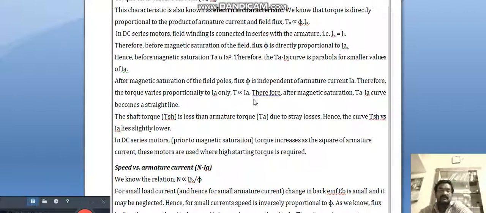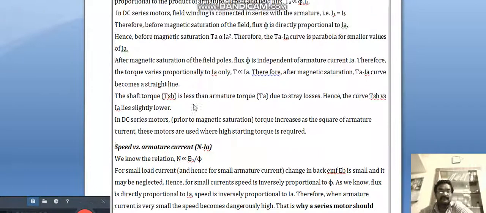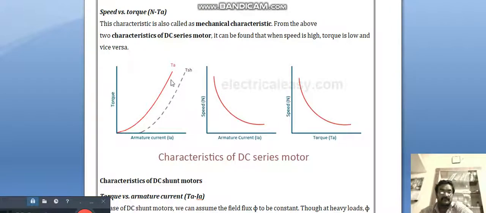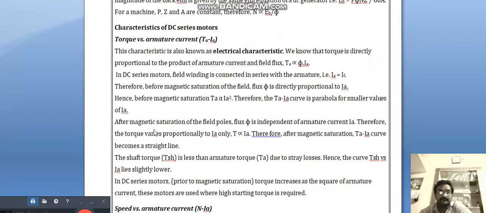So Ta is directly proportional to Ia. Therefore, after magnetic saturation, the Ta versus Ia curve becomes a straight line.